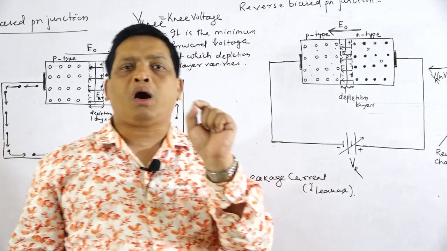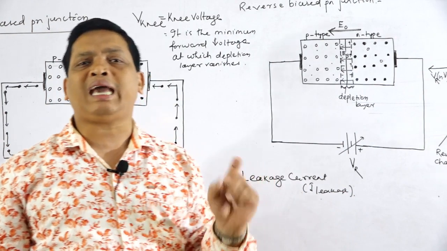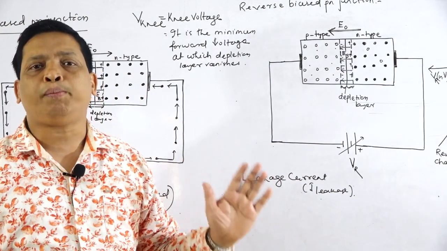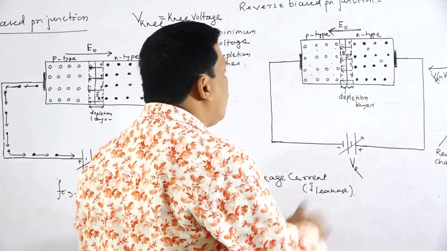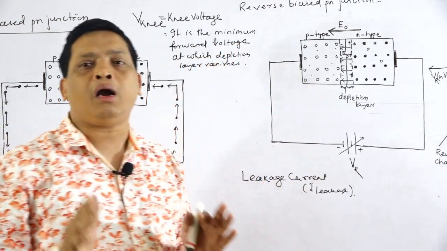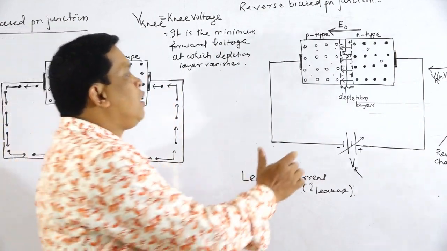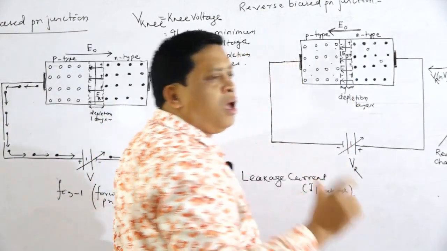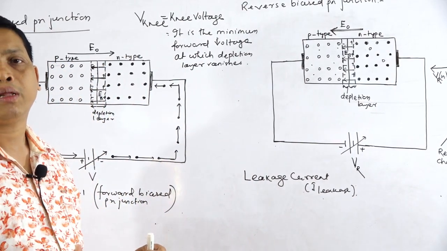A small current flows due to the minority charge carriers, that is called leakage current, which is not important for practical use. So we can say now that under reverse biasing condition, the PN junction offers a very high resistance.